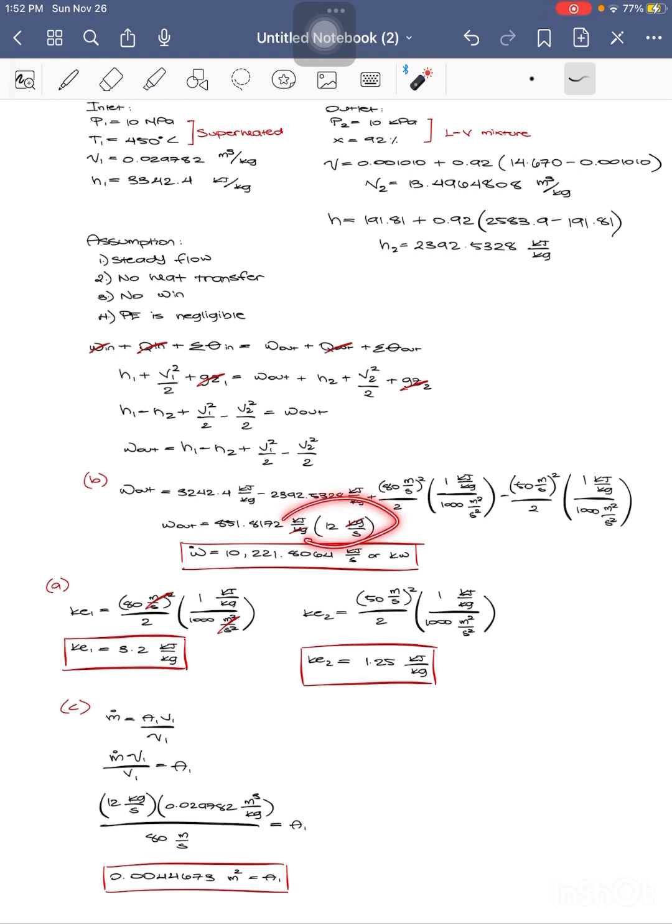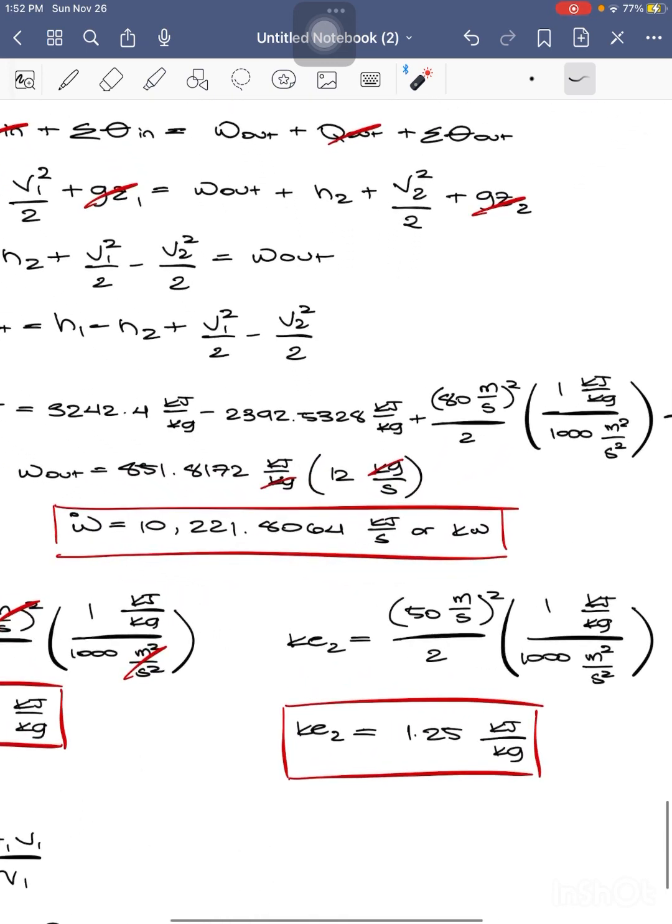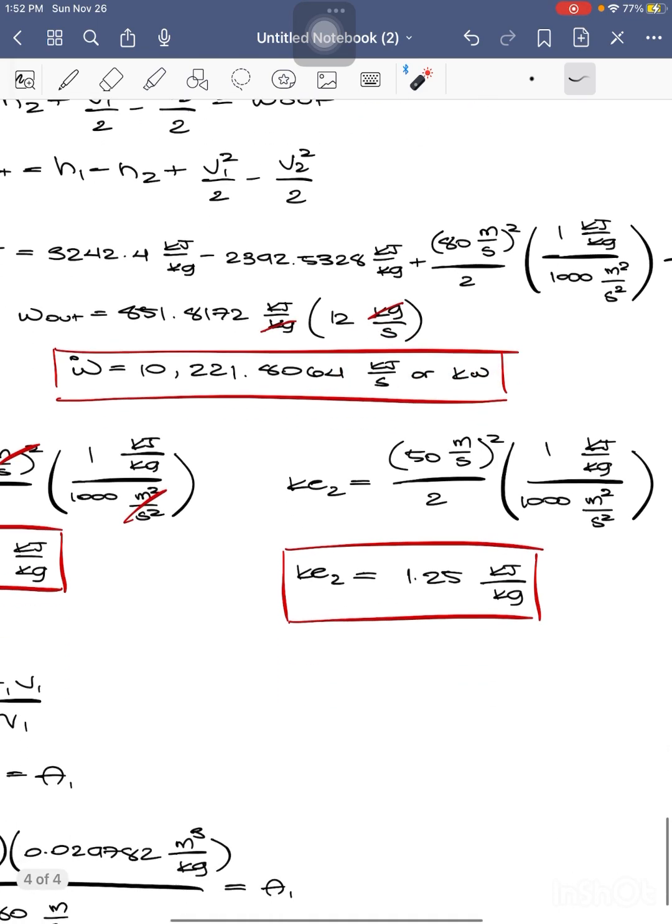I then multiplied it with our mass flow rate in order to get the power, or the work in kilowatts, which leaves us with 10,221.8064 kilojoules per second, which is also in kilowatts.